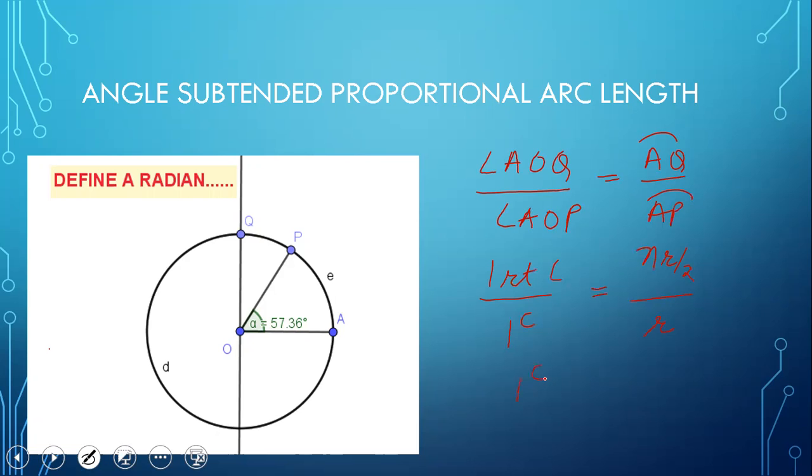Perfect. So that defines my 1 radian as equivalent to 2 upon pi into right angles. All right, so I have defined a particular value. I will say it is 2 upon pi times the right angle.